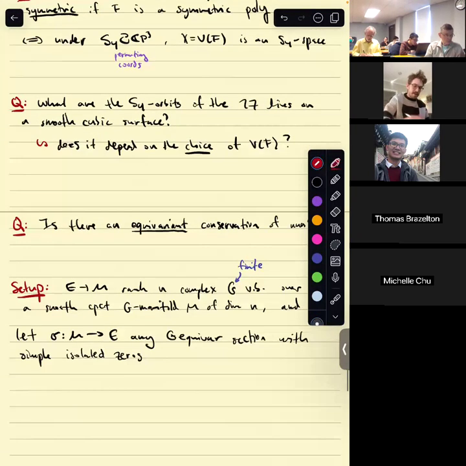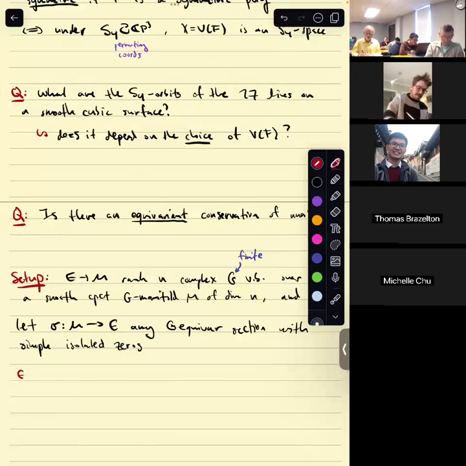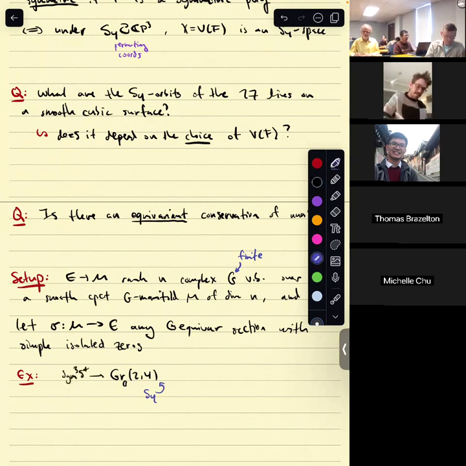Okay, so an example of this is the setup above. I have Gr(2,4) over C. I have S4 acting on this by permuting the C^4. And this induces an action on the tautological bundle, and that gives you an action on the entire bundle, Sym^3 S dual. So I've got an action here.